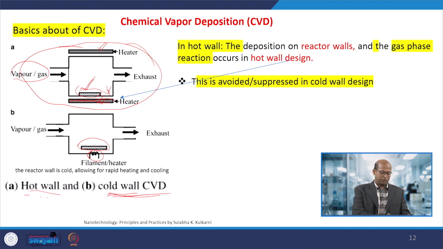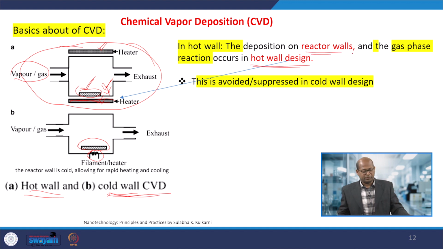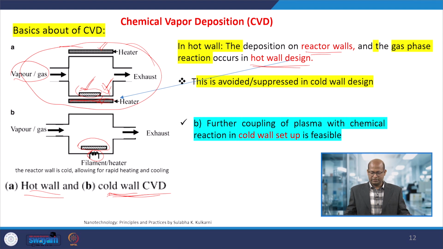So in hot wall CVD, the possibility of nanomaterial or nanofilm formation on the reactor walls is there. Okay, but that does not mean it cannot be avoided or suppressed when a cold wall design or cold wall type of CVD is used. So deposition at the walls is possible, but that can be avoided when the cold wall CVD type is used.